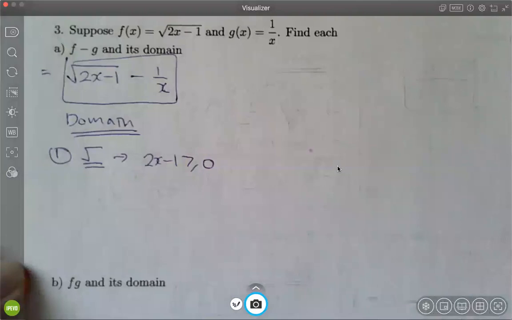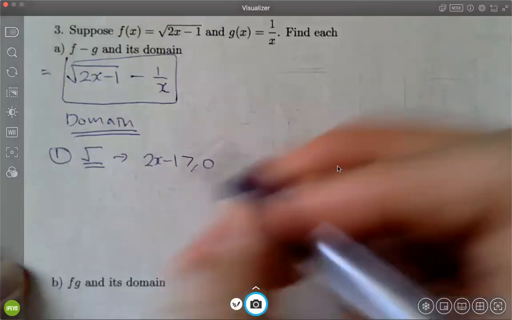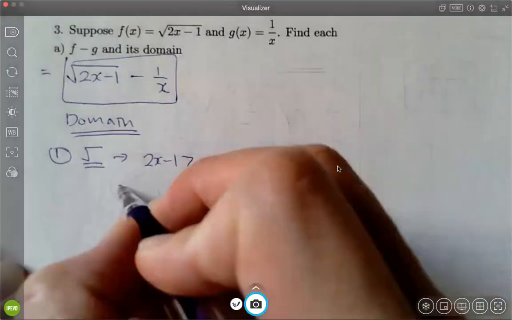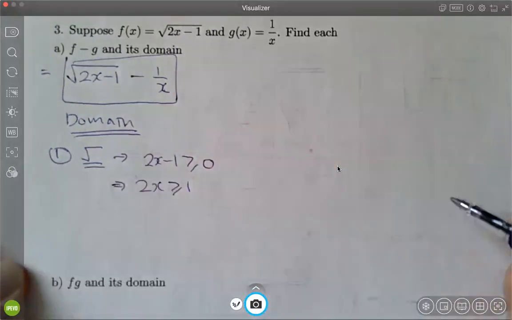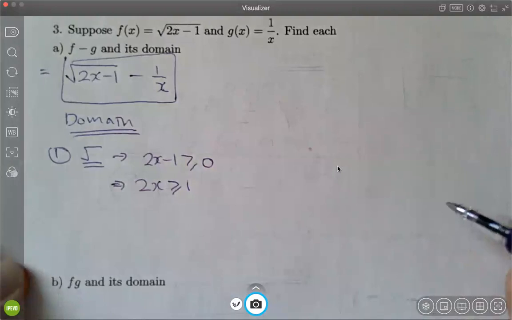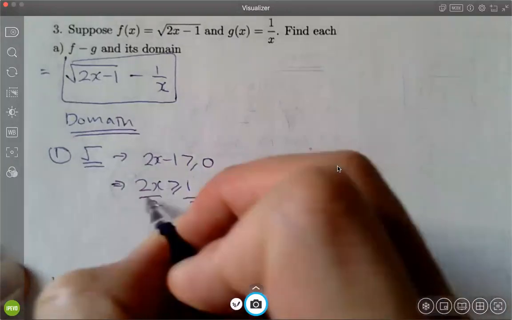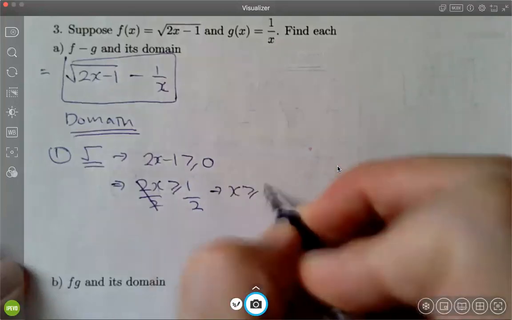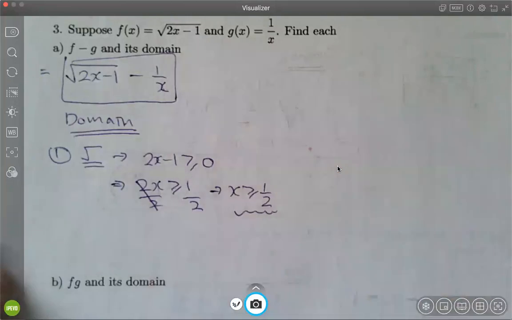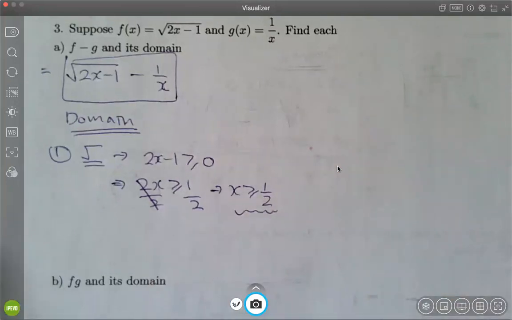And now you have to solve it. You add 1, so 2x is greater than or equal to 1. And then you divide by 2. Now, when you divide by 2, do you change the sign of the inequality? No, because we are dividing by a positive number. So x is greater than or equal to 1/2. So that's the domain for the square root part.